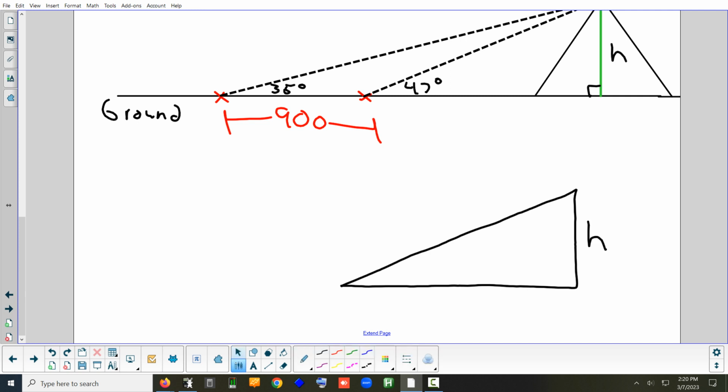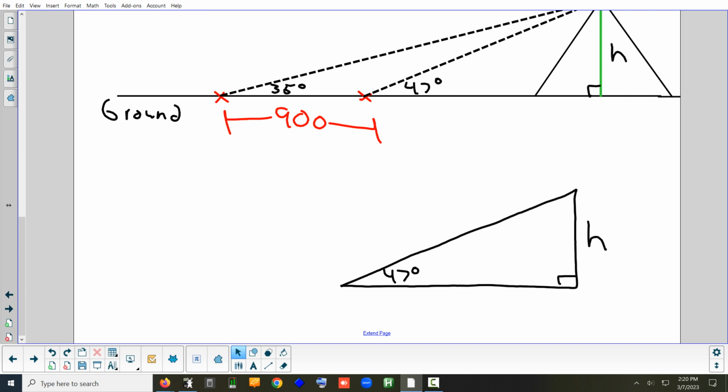So that's my height, which is the whole goal of the problem. Just find h. This is 47. Now, I could find this other angle in the triangle because I know 2 out of 3 of them, and I know they have to add up to 180. But that's not what they're asking. They want the height. Do I have enough information in this triangle to find the height?